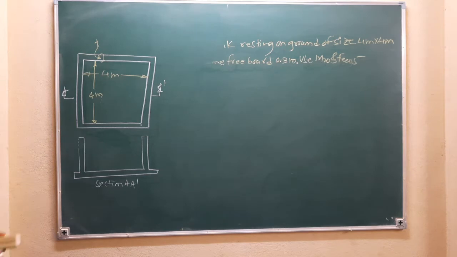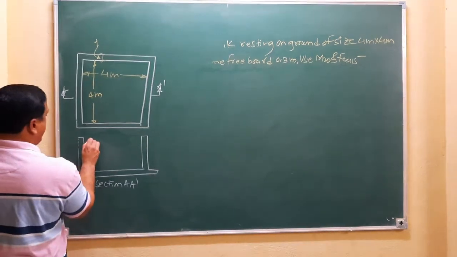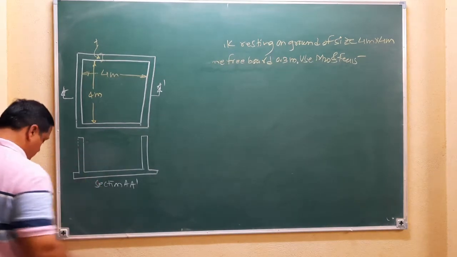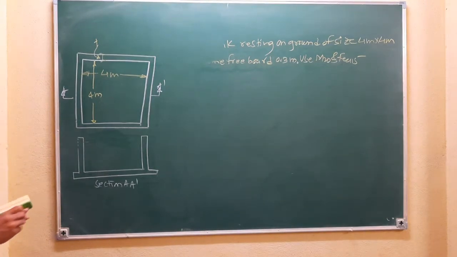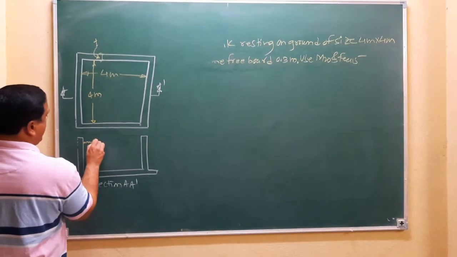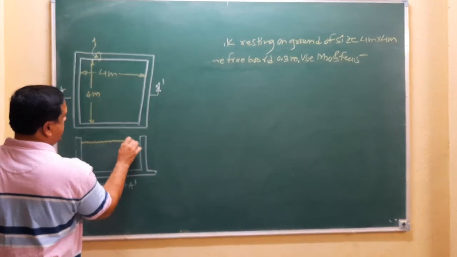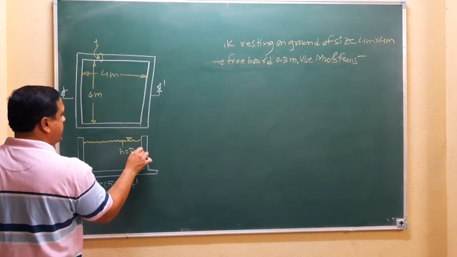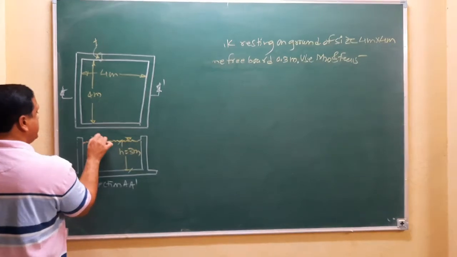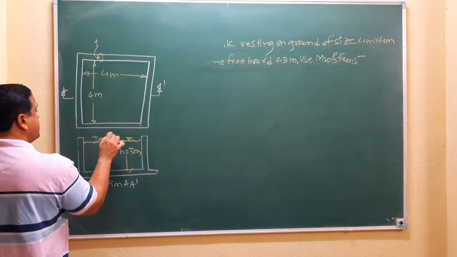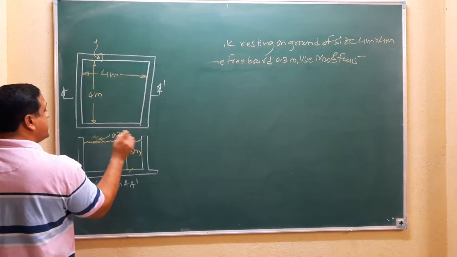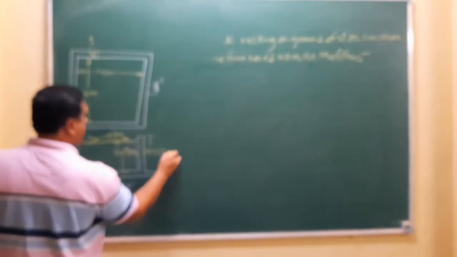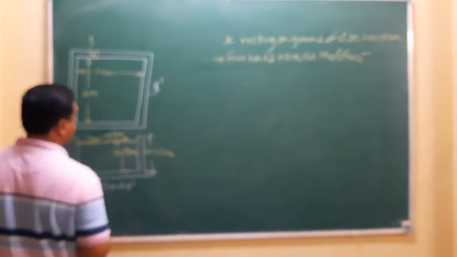So the height of water in the tank is 3 meter, it is given in the question. It is small h, 3 meter. And the freeboard is also mentioned. Freeboard is 0.3 meter. So what is the overall height of the wall? It is 3.3 meter, capital H, 3.3 meter.